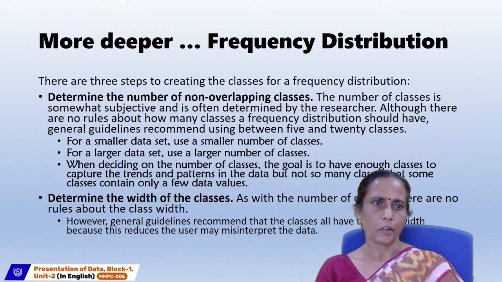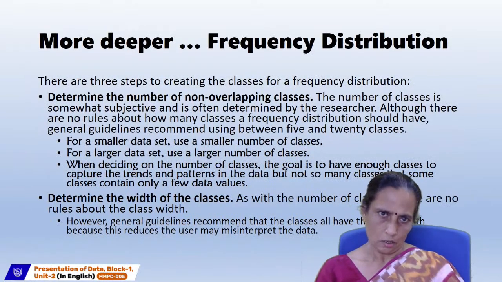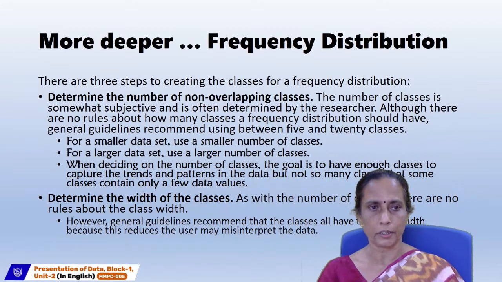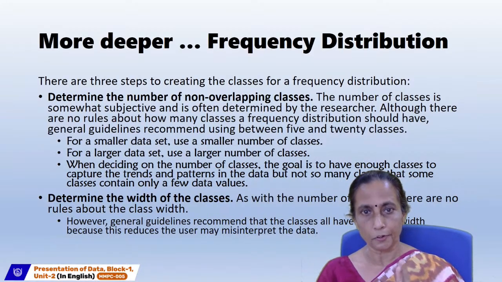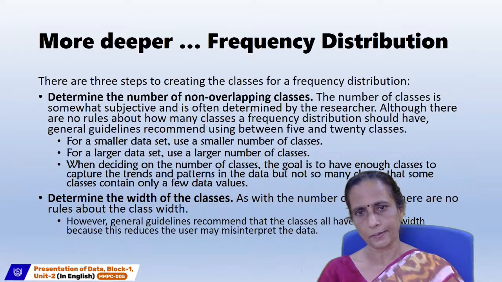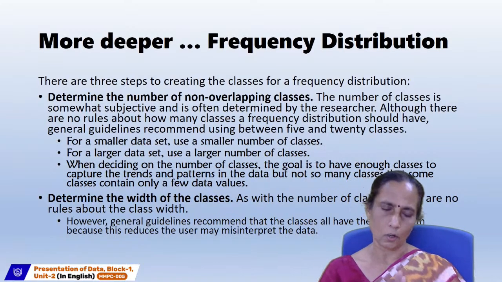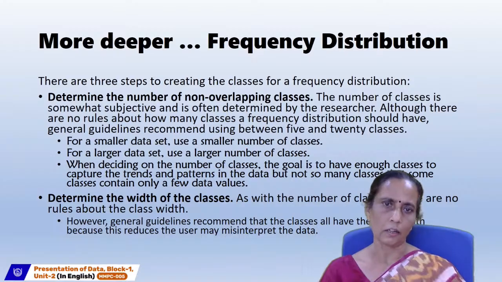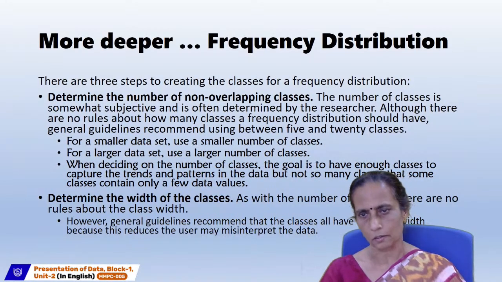Going deeper, it depends on the number of classes. So how can we determine the number of non-overlapping classes for our frequency distribution? The number of classes is somewhat subjective and is often determined by the person who is making the classification or the tabulation.